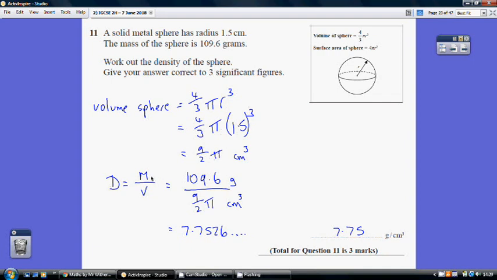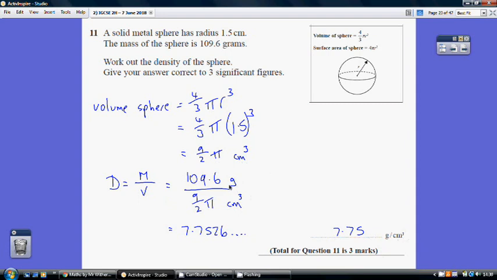Now density equals mass divided by volume. The mass is 109.6 grams, and I've just worked out the volume to be 9/2 pi centimeters cubed. Now just take a second to check there is not going to be any complication with the units. We're being asked to give our final answer as grams divided by centimeters cubed.